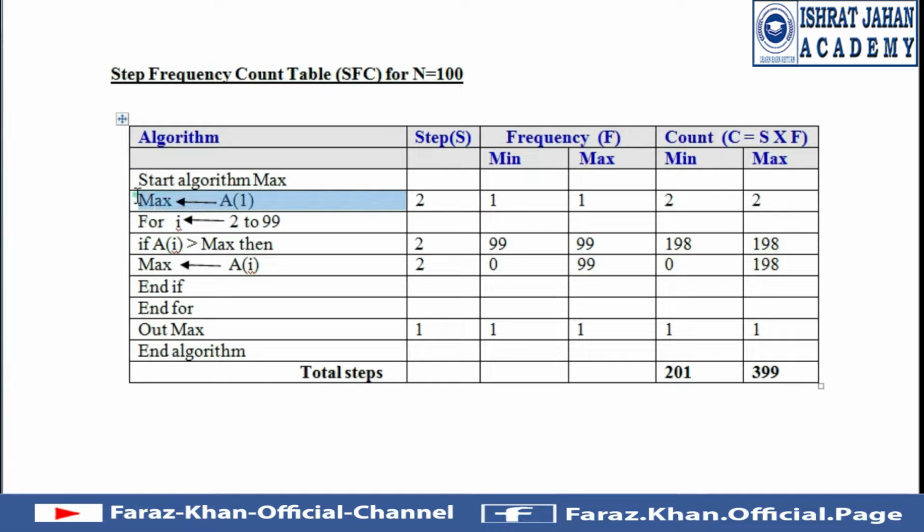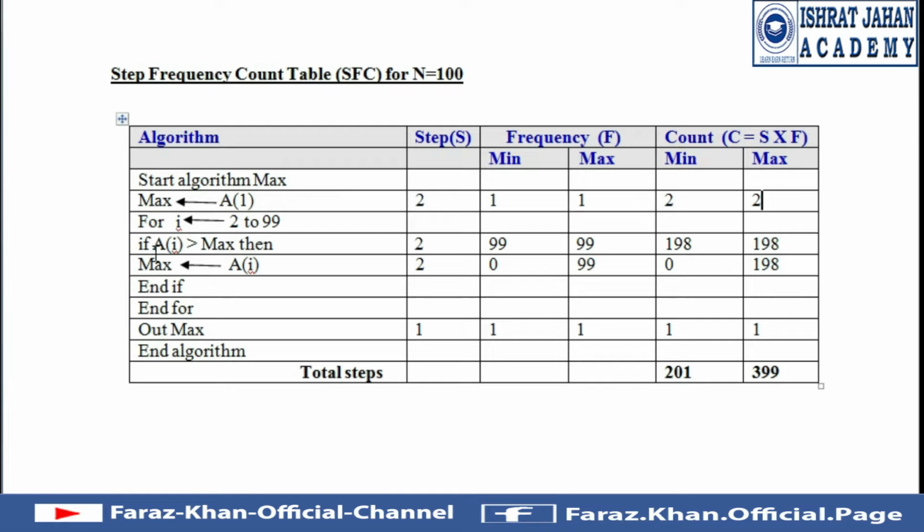This one is the second identifier. So to identifier, 2 steps, minimum 1, maximum 1, 2 multiplied by 1, 2 multiplied by 1, 2. Because C is equal to S into F. S stands for step and frequency stands for F.